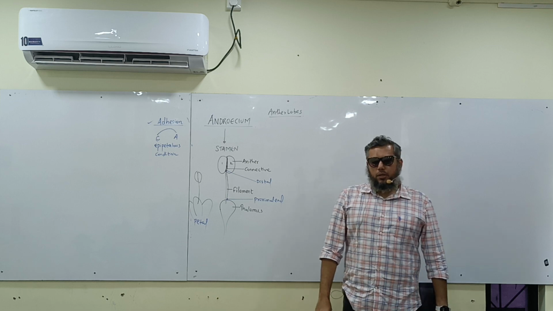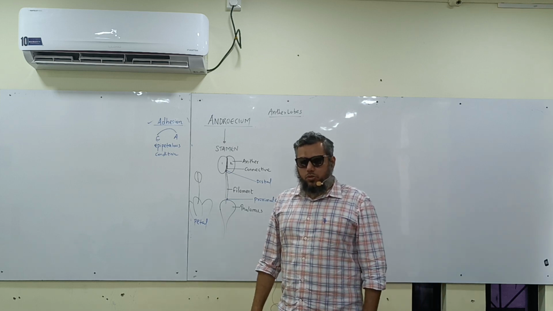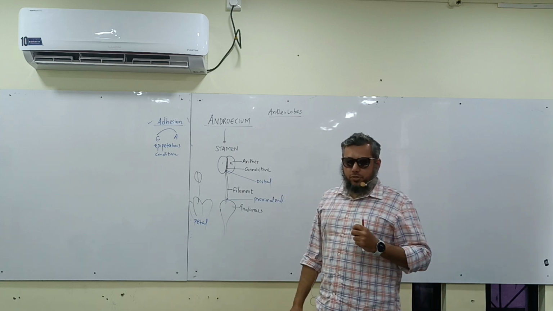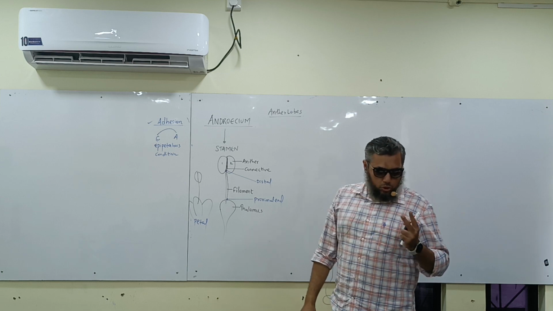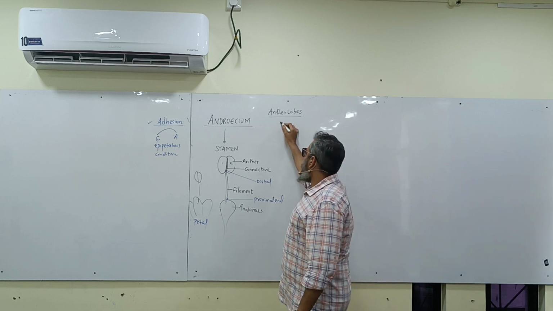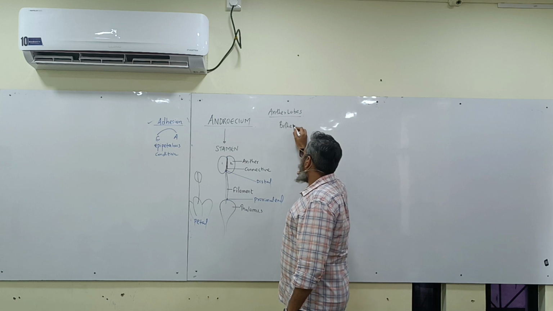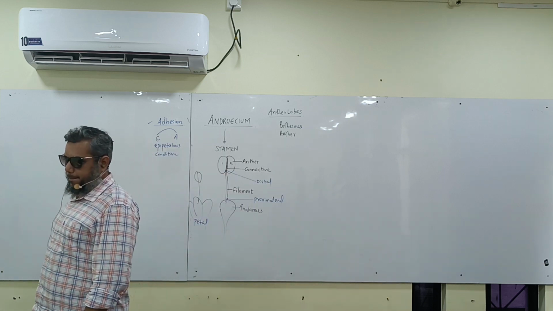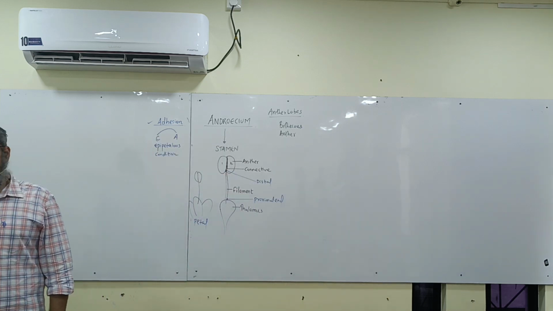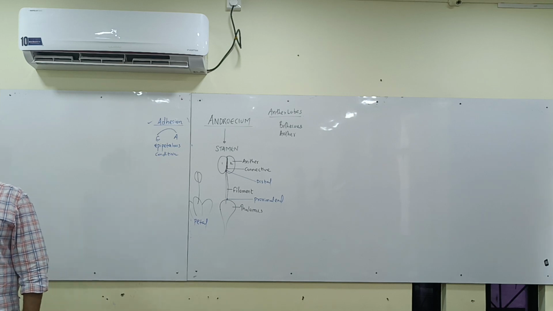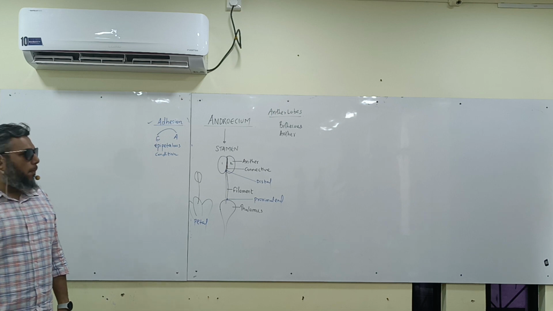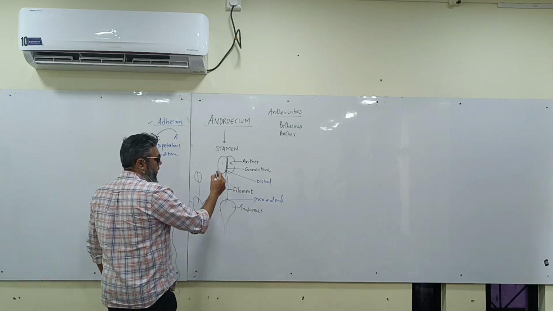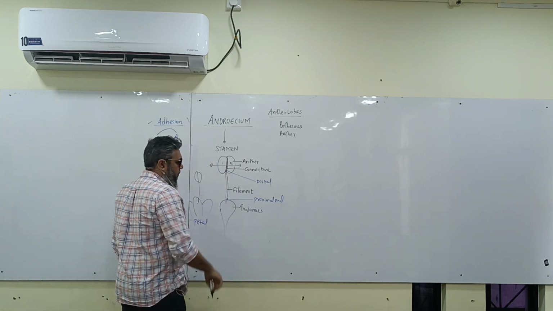Such a condition where the anther is bilobed, that is, has two anther lobes, is called a bithecous anther. So a typical anther has two anther lobes, and we call the condition bithecous condition.